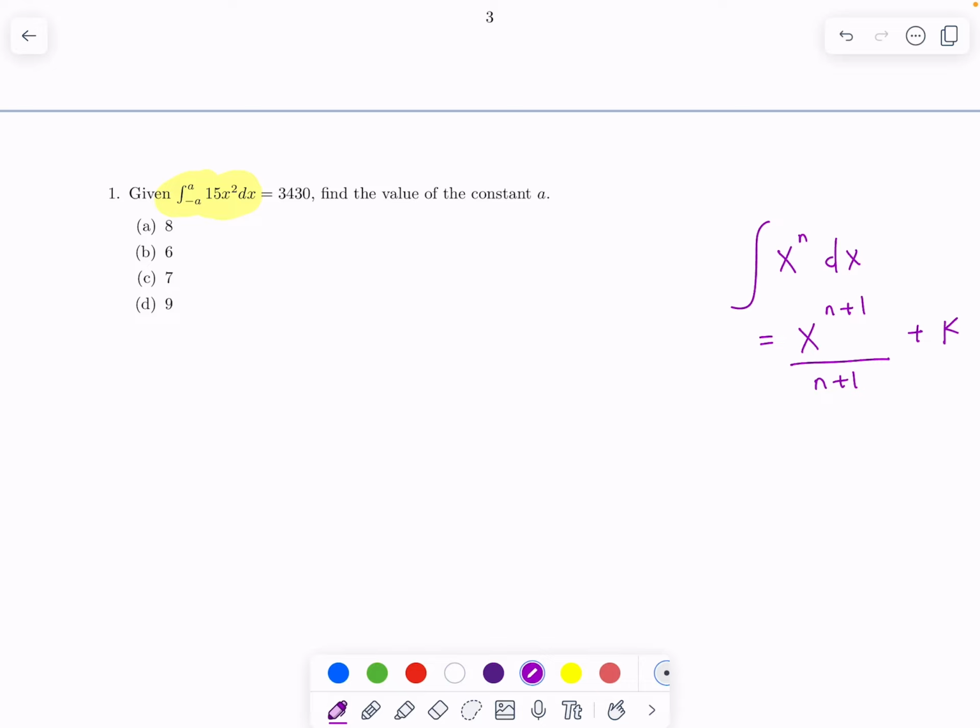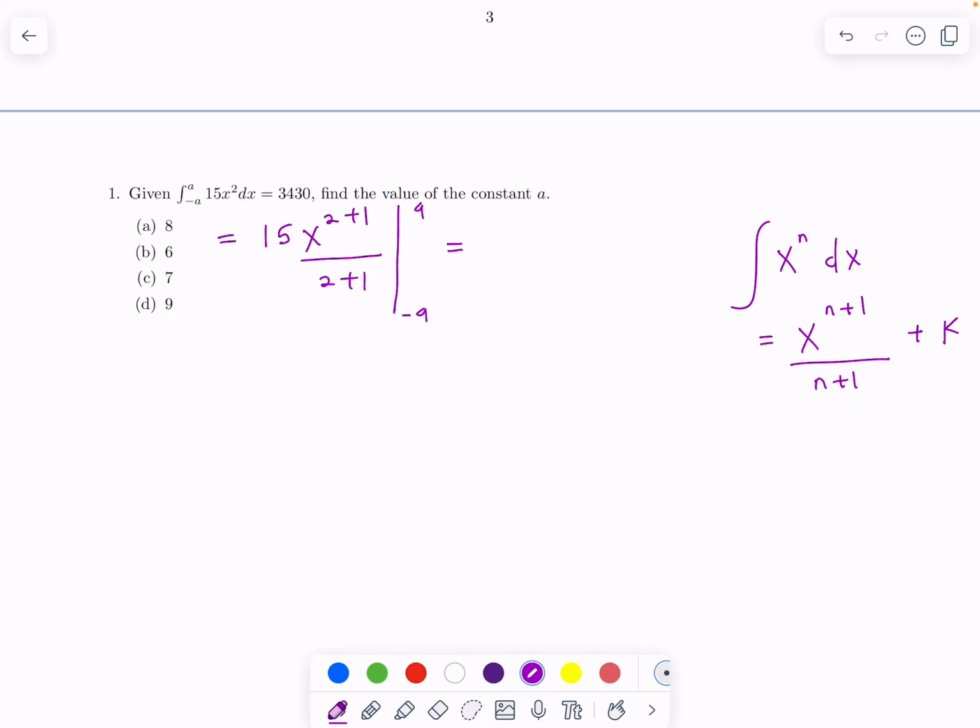So I just need to apply the power rule. This is going to be 15x to the power of 2 plus 1, divided by 2 plus 1. Since my limit is from negative a to a, I'm just going to write negative a to a.